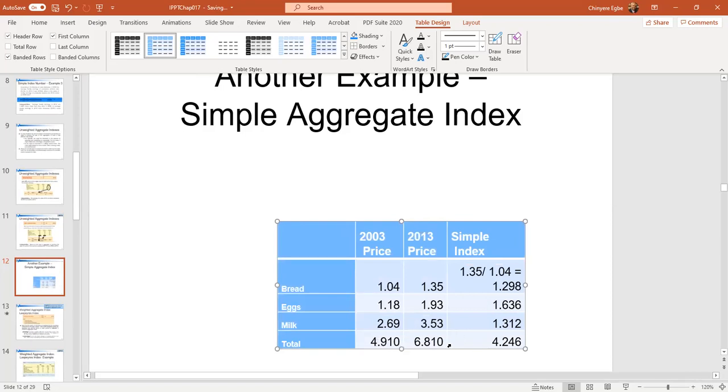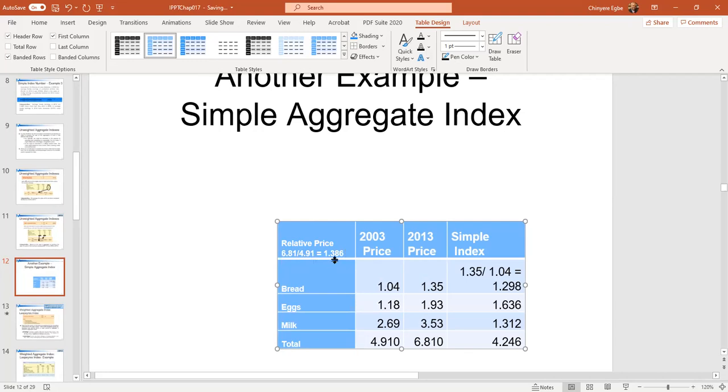And so what do you get? You don't get $4.26. The relative price here will be 6.81 divided by 4.91. And what does that give you? It gives you 1.386. So what does that tell you?